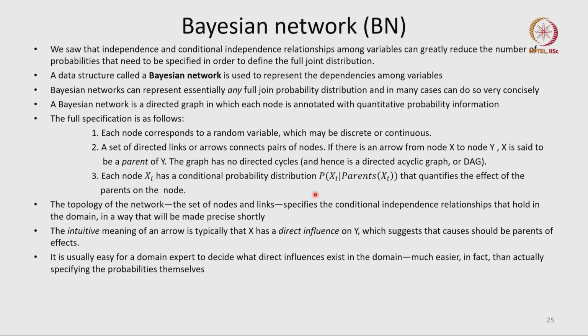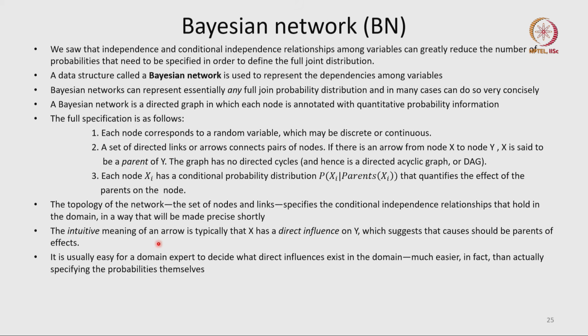So, the probability of a node X i is conditioned on its parents, and if you have more than one parent node, you are assuming that they are independent of each other.